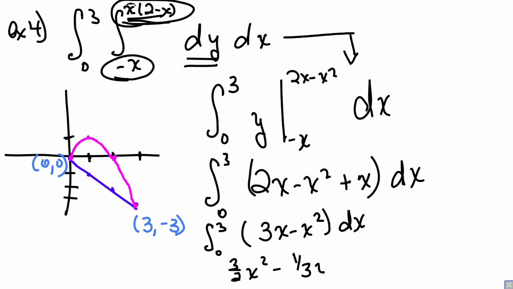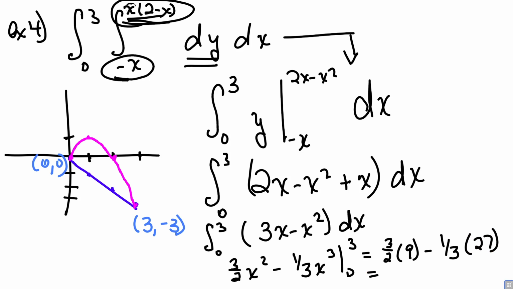Okay, so 1/3 x cubed, evaluated from 0 to 3. Now, the nice thing is that we don't have to worry about 0 because it makes everything 0, so we just need to worry about 3. So we're going to have 3/2 times 9 minus 1/3 times 27. So when we do this calculation, we should end up with 9/2 for our answer.